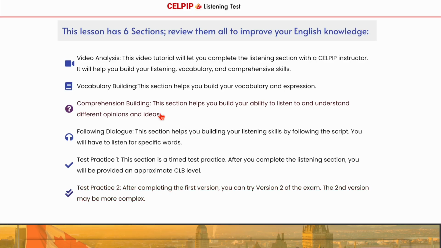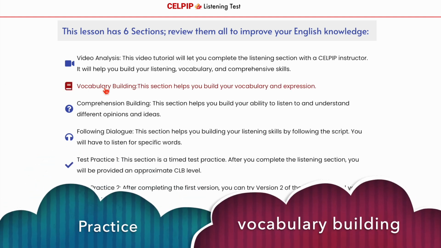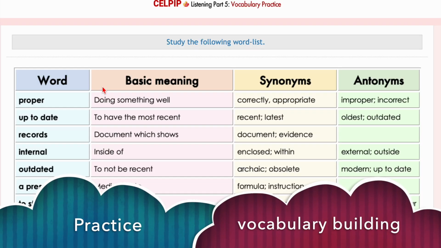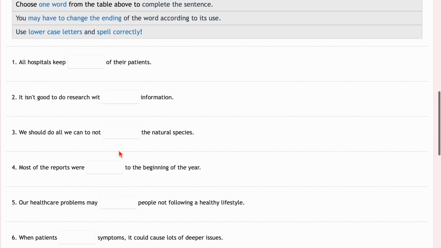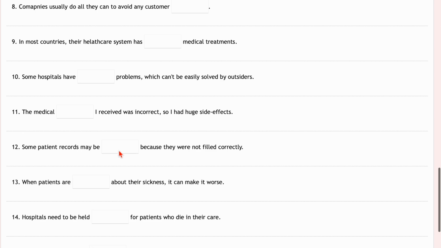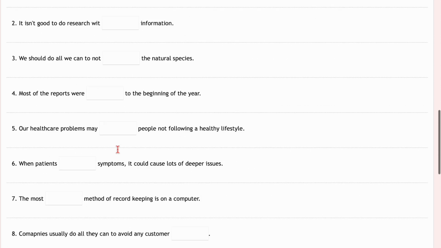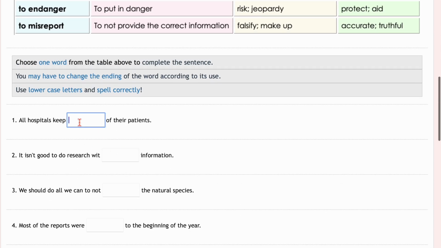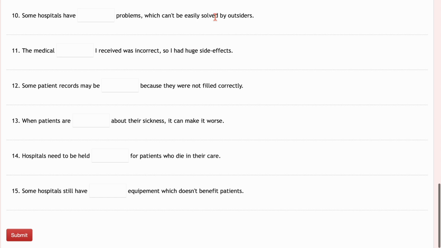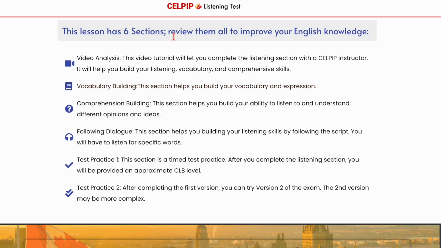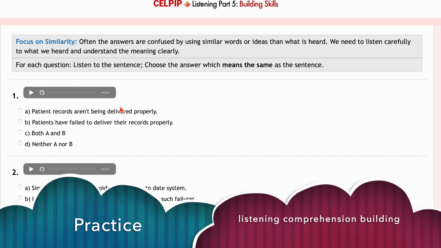Also, you will find in that link vocabulary building. Very good practice. Vocabulary that relates to this listening, very good practice. Very good exercise here. Put in one of these words to complete the sentence. This will really help you build your vocabulary. Okay. Also, comprehension building.